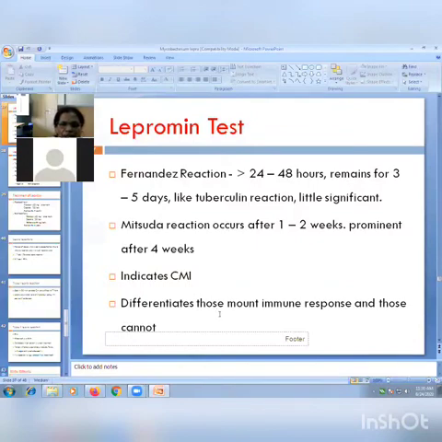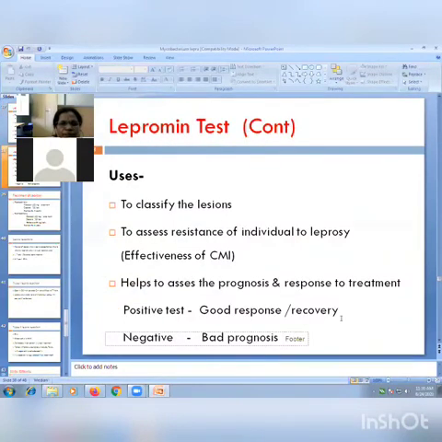That test is usually used for differentiation, to see the immune response of the person, and for classification of the disease. If the test is positive, prognosis is good. If the test is negative, it means bad prognosis.